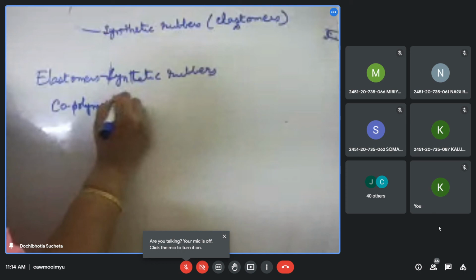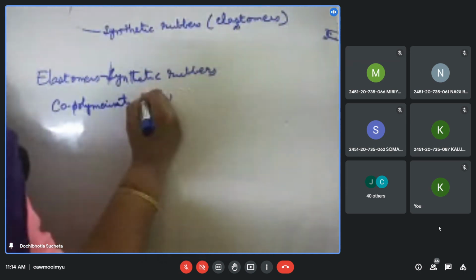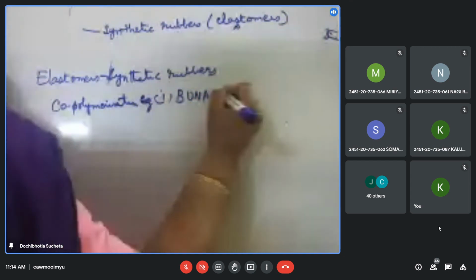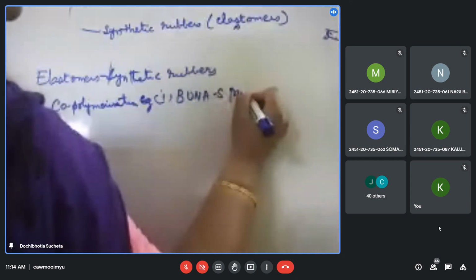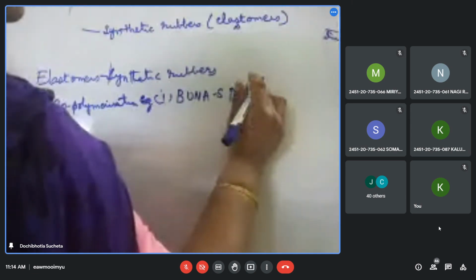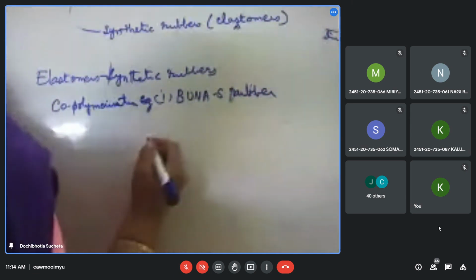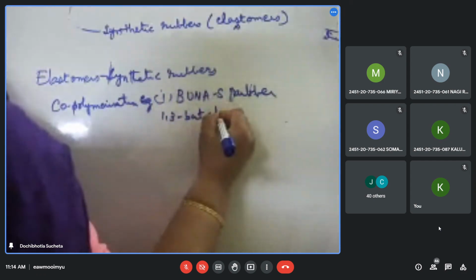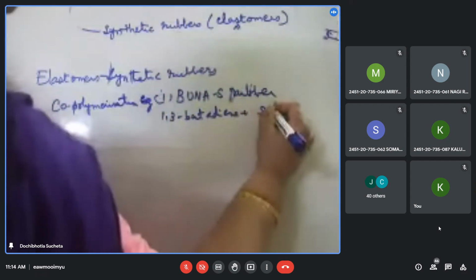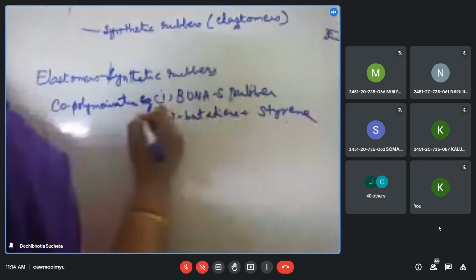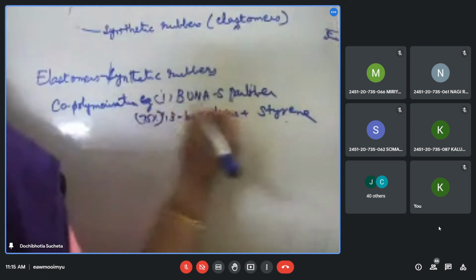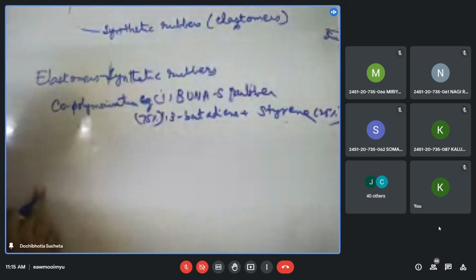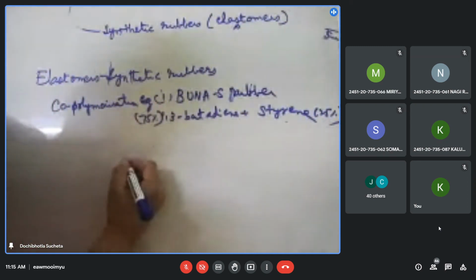What you have in your syllabus is, for example, Buna S rubber, which is a copolymer of 1,3-butadiene plus styrene. This is 75%, that is 25%. Again, copolymerization. Okay, so that is example 1.